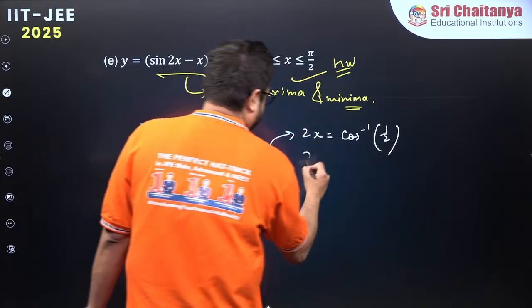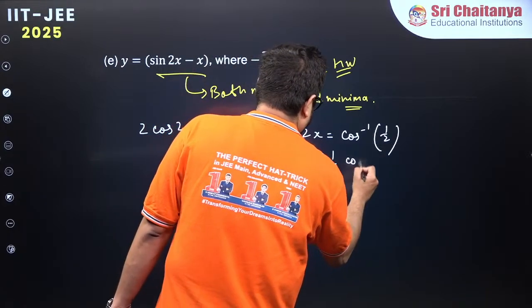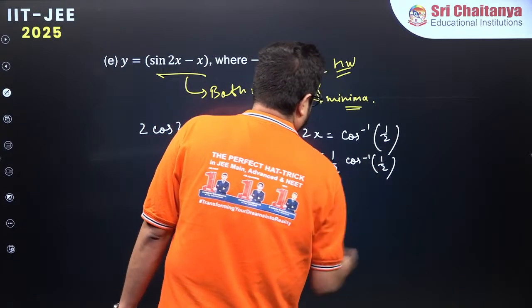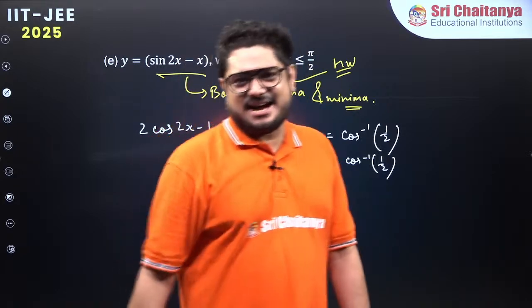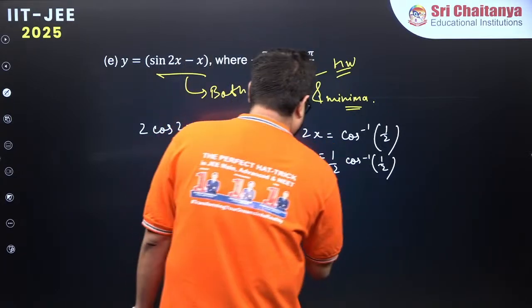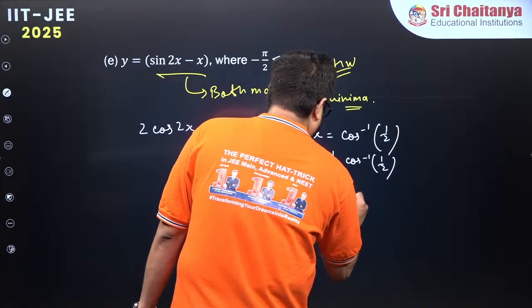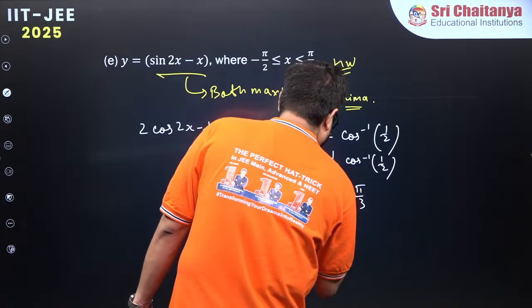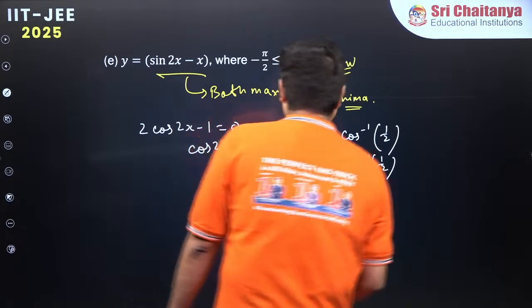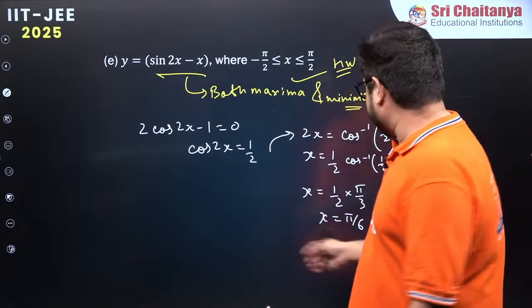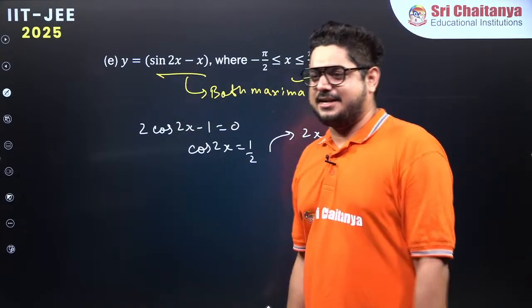You need to equate, x is going to be half of cos inverse of half. You know that cos 60 is half, isn't it? So it is going to be half into pi by 3. So x is going to be equivalent to pi by 6. Now it will be having both maxima and minima, then you need to put the value over there and check it.